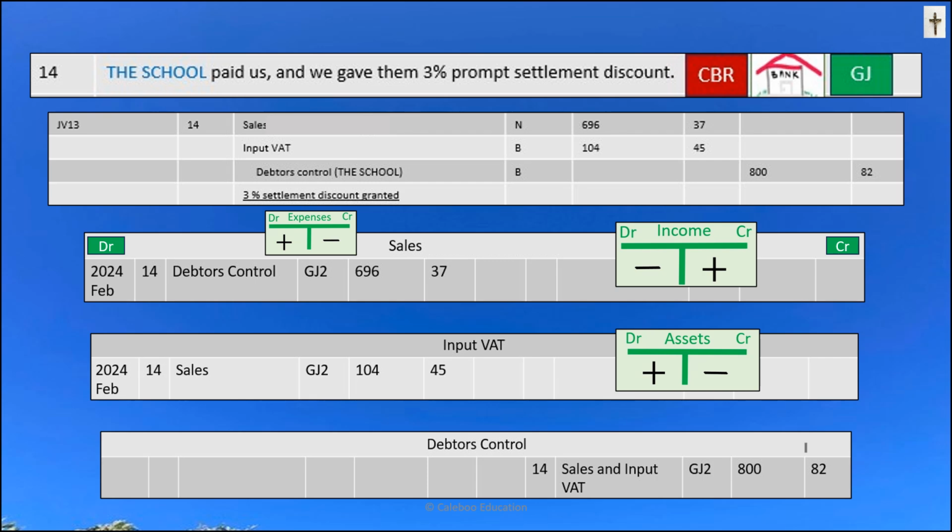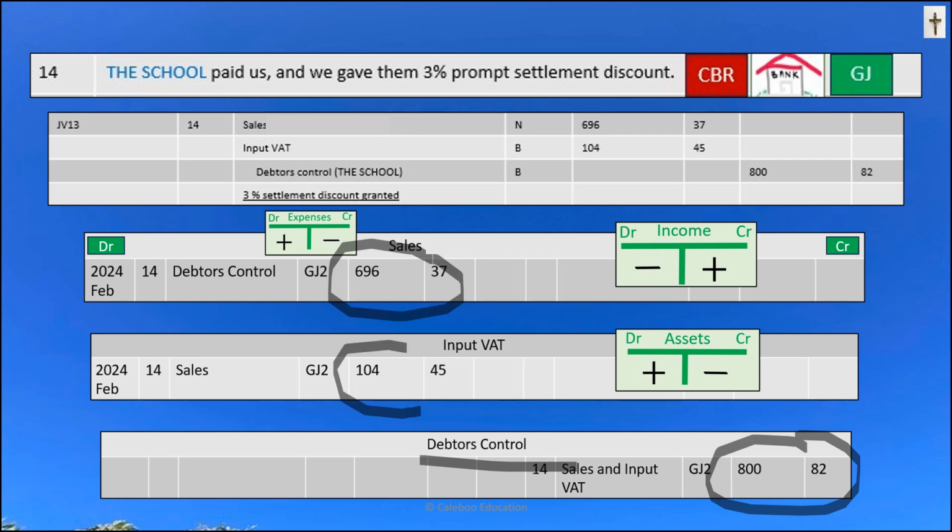So the full amount, debtors control, was credited, and the 696.37 plus the 104.45 is equal to 882. So my debits equal my credits. So there we go.